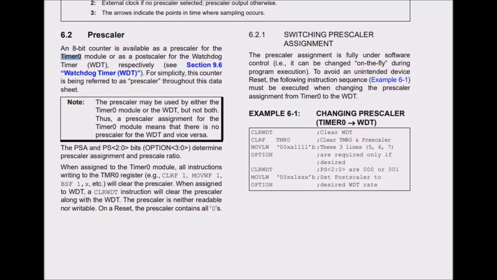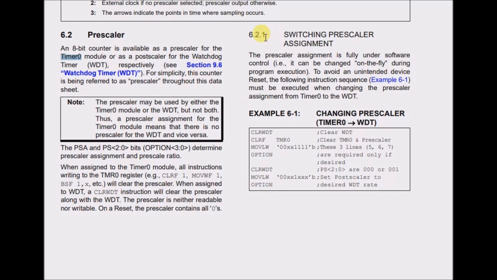When assigned to WDT, a CLRWDT instruction will clear the prescaler along with the WDT. The prescaler is neither readable nor writable. On a reset, the prescaler contains all zeros.